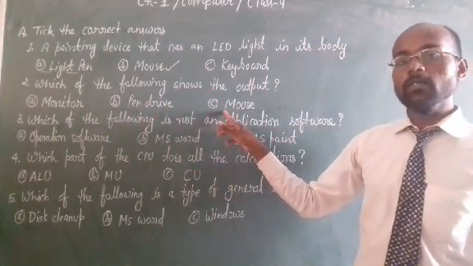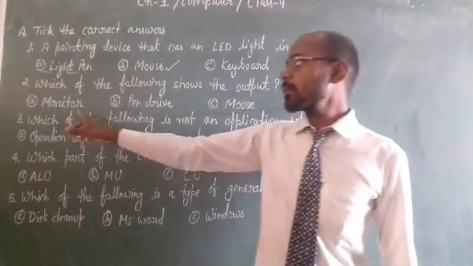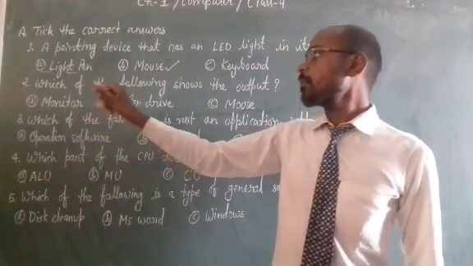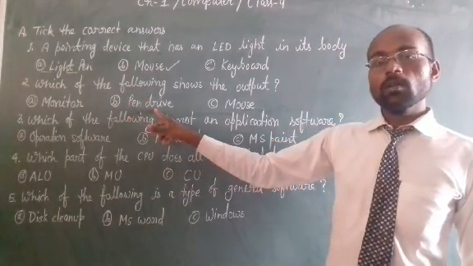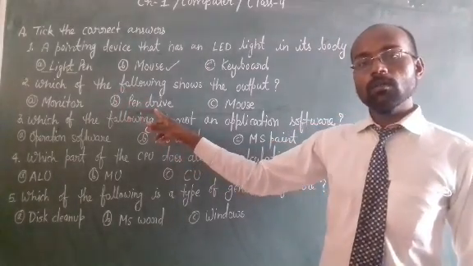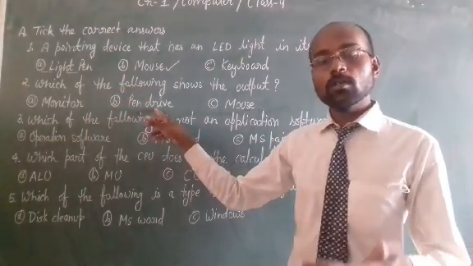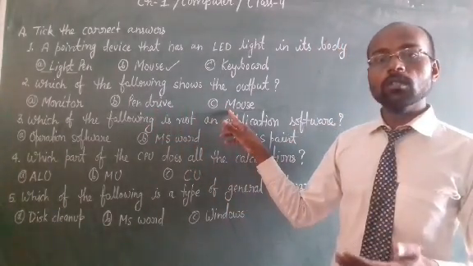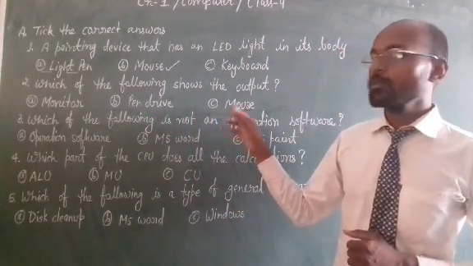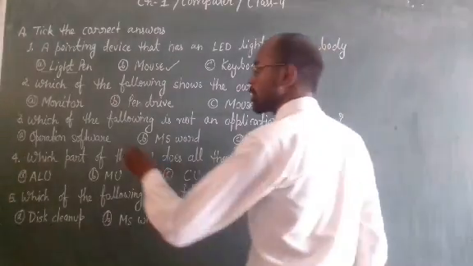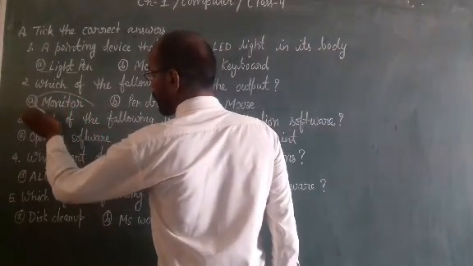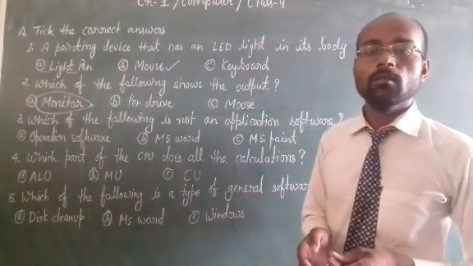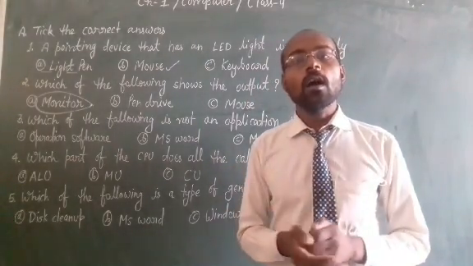So students, as you all know, monitor is an output device. Pen drive is a storage device, and mouse is an input device. So students, option number A is the right answer. Monitor shows the output.